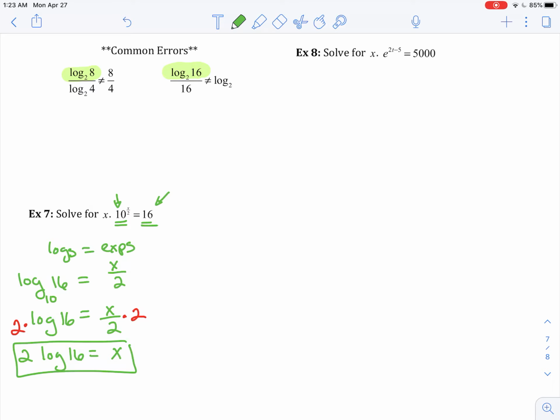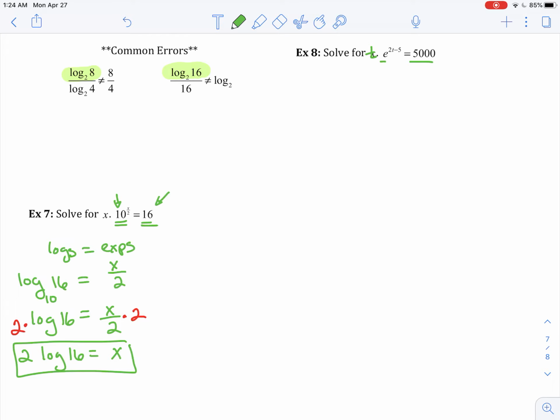Okay. On number 8, we want to solve for, actually this should be t. Solving for t, we have e to the 2t minus 5 equal to 5,000. Our unknown is in the exponent position. Base e is on the left, 5,000 is on the right.